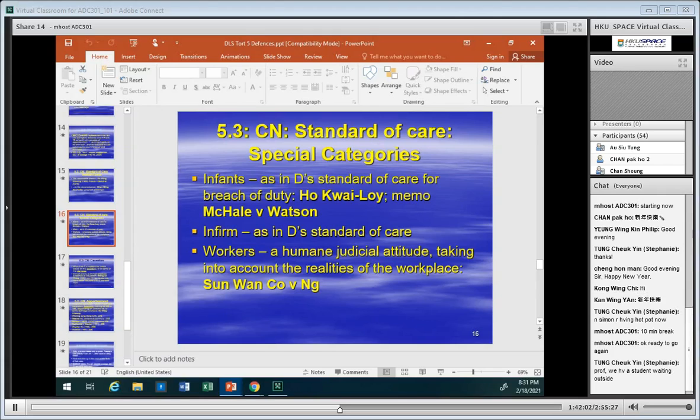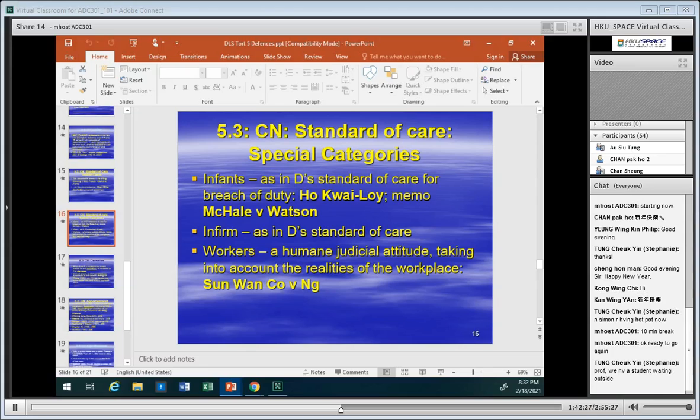Don't worry about Sun Wan Co, it's just an illustration. So I think the leading case, Ho Wing Chung, with regard to standard of care, and when it comes to contributory negligence, in exam questions, it's often a traffic accident where the plaintiff is not wearing a seatbelt. Okay, so there you are.